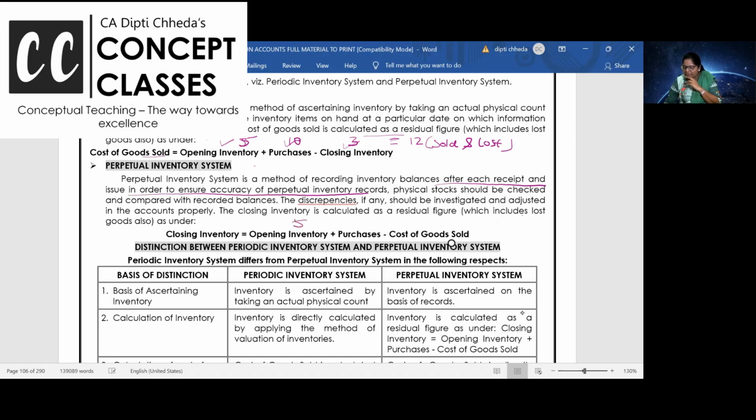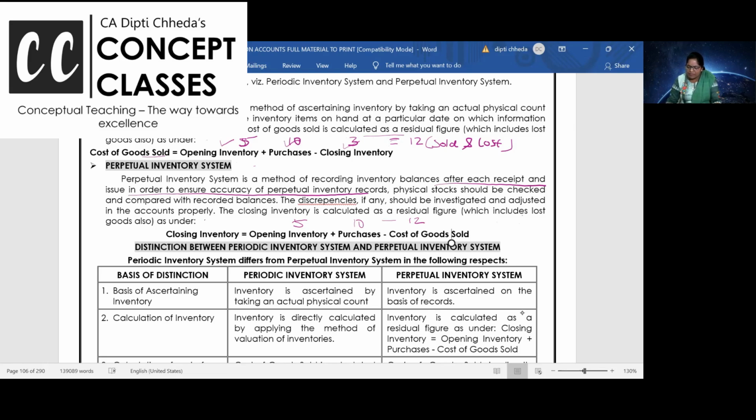Opening 5, purchases 10, 15. Now whatever goods you have sold, the cost of that is 12. So sales minus GP, you get COGS. Have you studied this formula? Sales minus GP is COGS, or opening plus purchase minus closing is also COGS. So whatever you have sold, you get the cost.